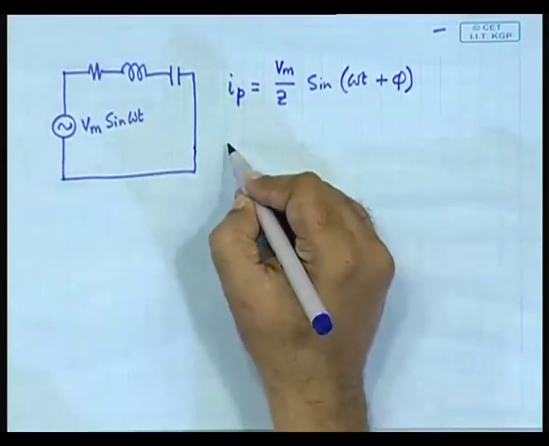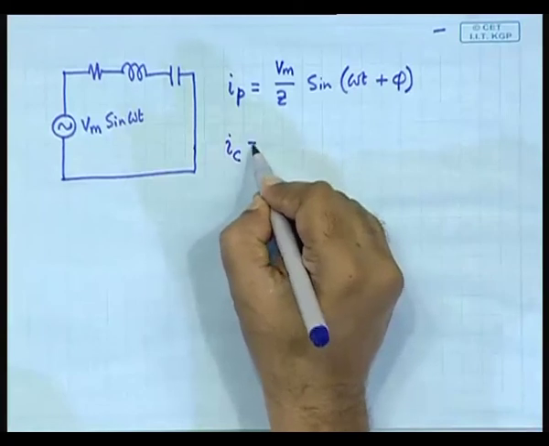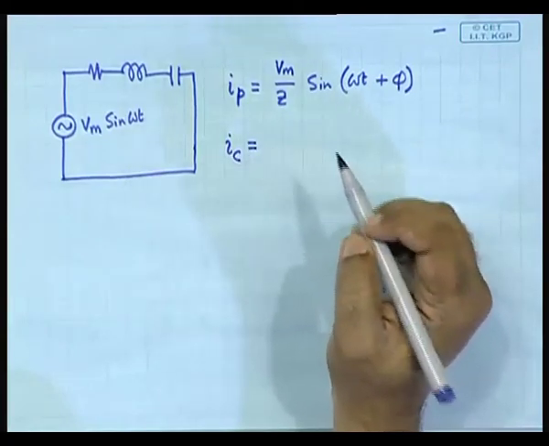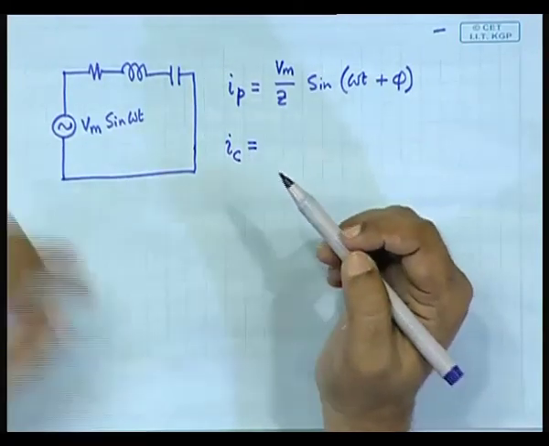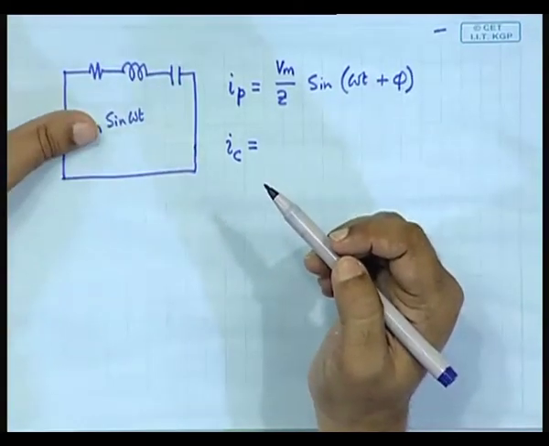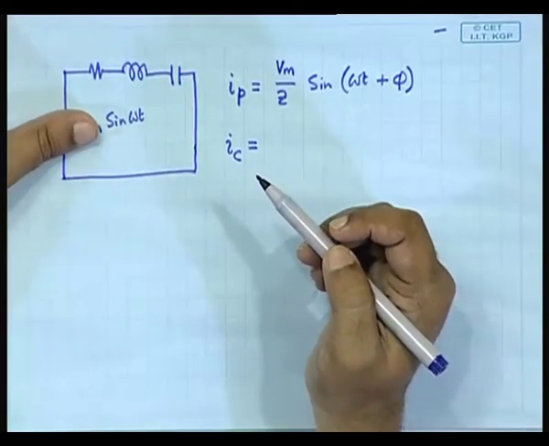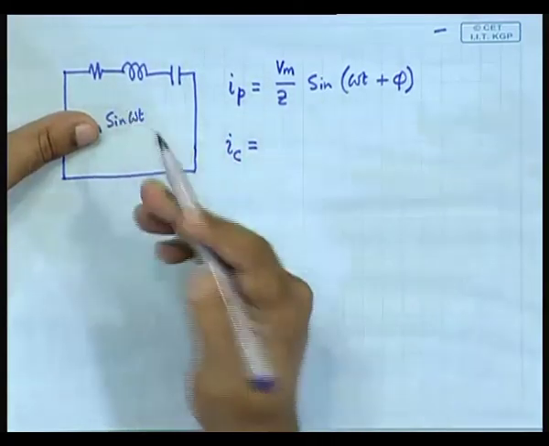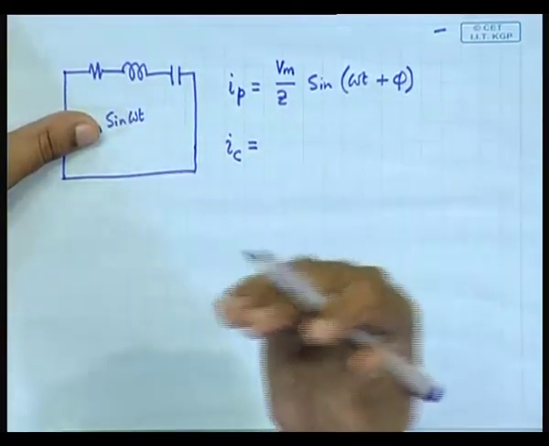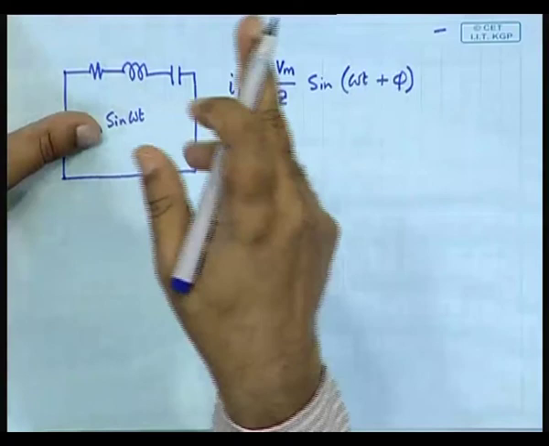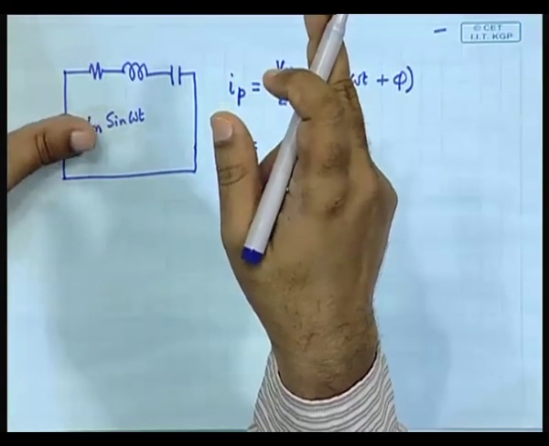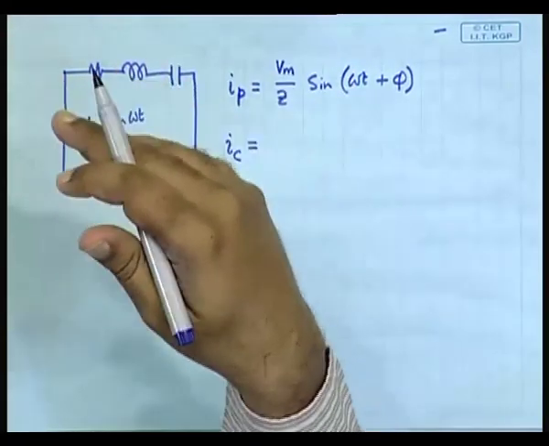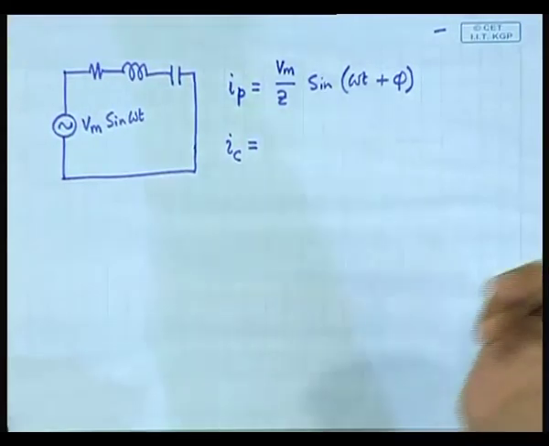The IC part, the complementary function part, would actually be the response of this system when the source is absent. And the response of this system is a second order system. Its response will be dependent on what?